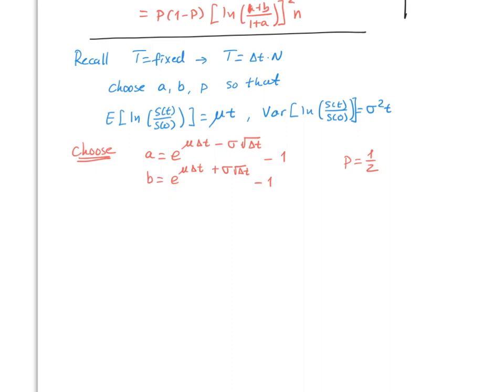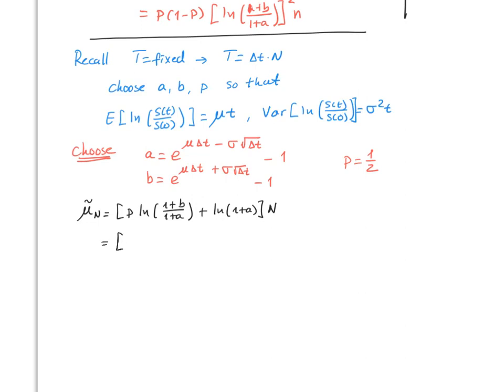Remember, just a few minutes ago, we showed that mu_n was equal to p ln of (1 plus b over 1 plus a) plus ln of (1 plus a), times n. We just did this on the last page. So if we plug in these values, this is what we get.